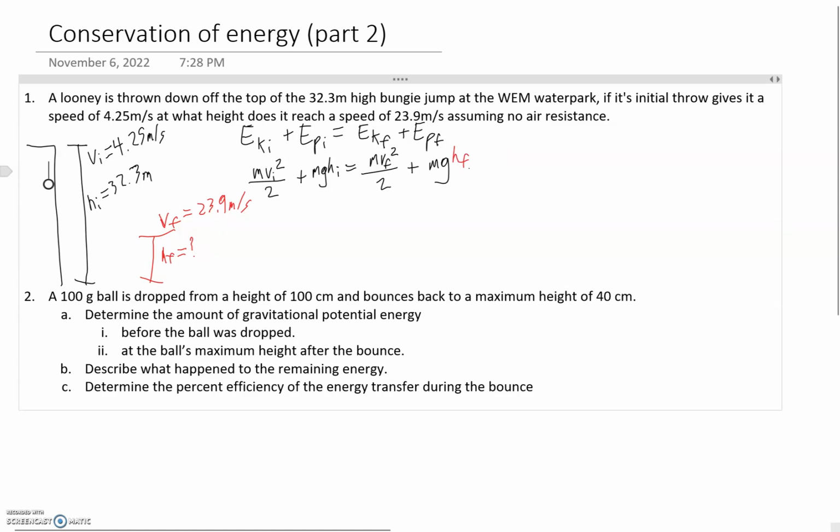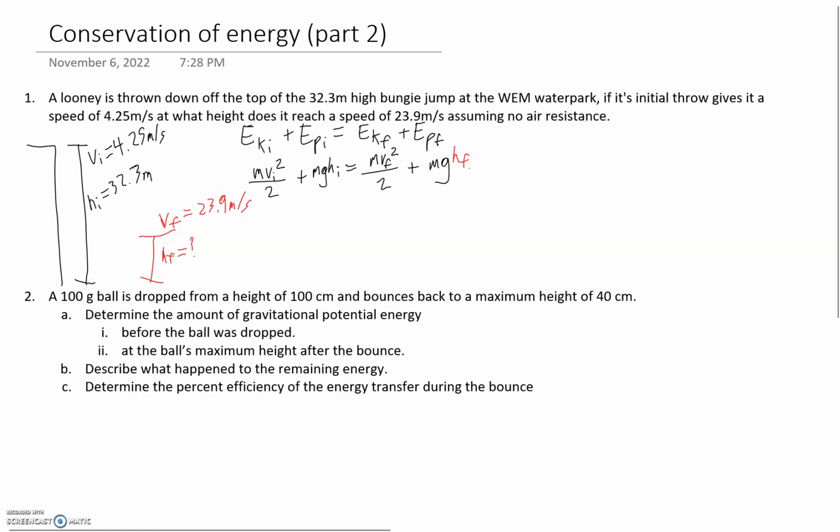So we need to use opposite operators in order to solve for that unknown. So we always start with addition, subtraction when we're doing opposite operators. So what we're going to do is subtract mvf squared over 2 on both sides.